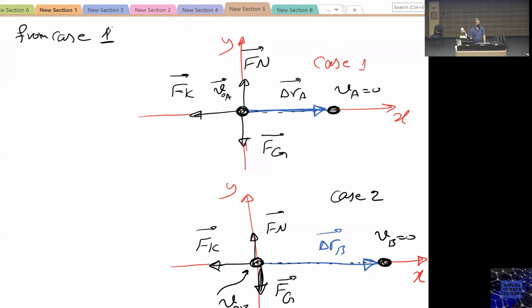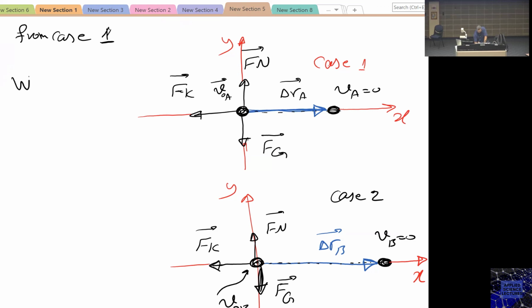if I apply the conservation of energy, EK initial for A plus EP initial for A equals EK final for A plus EP final for A. So here, at this point, let me delete this.